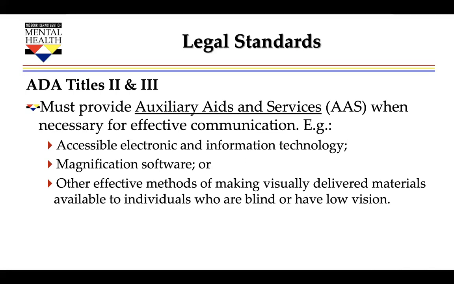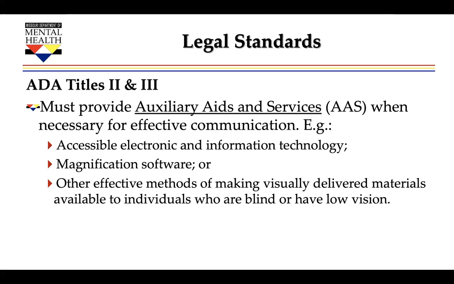And so here the ADA does include a requirement for accessible ICT. It could also mean things like magnification software for people with low vision, or other effective methods of making visually delivered materials available to people who are blind or have low vision.